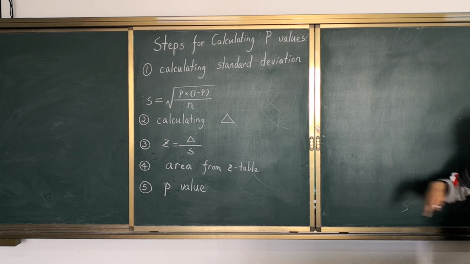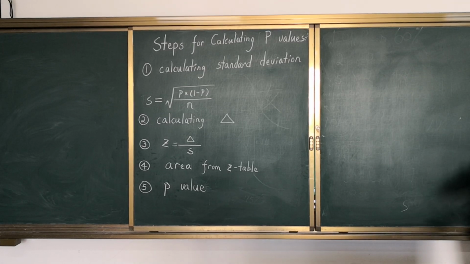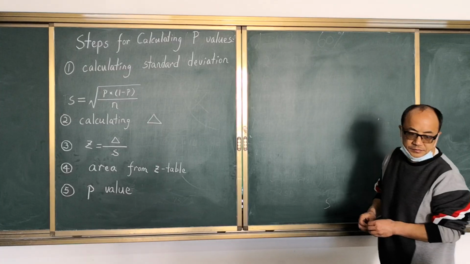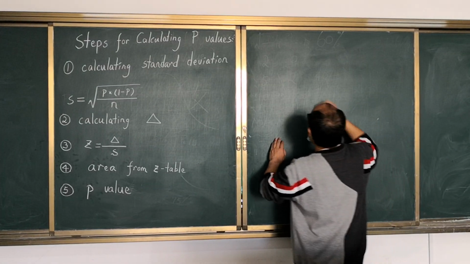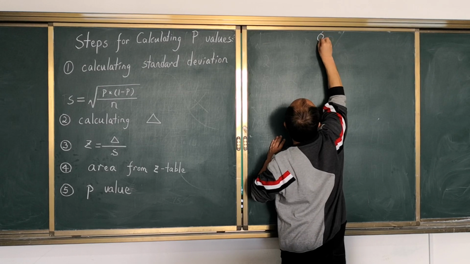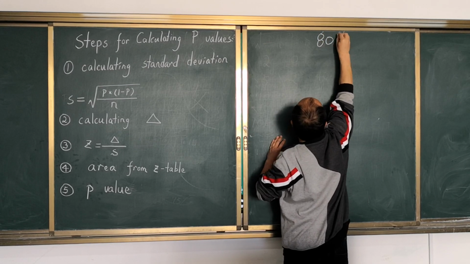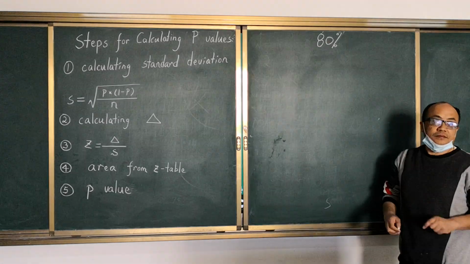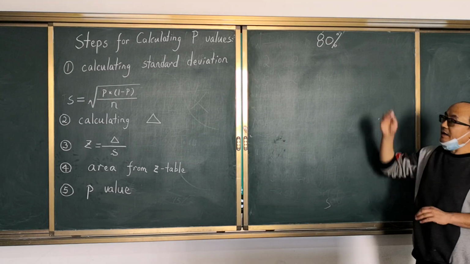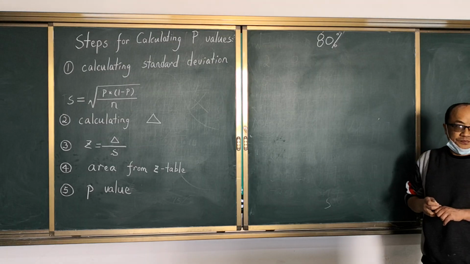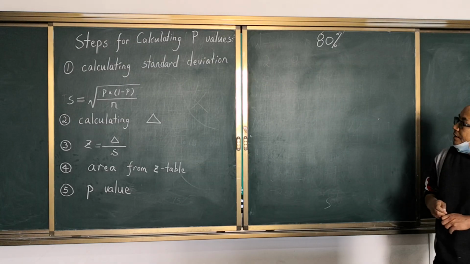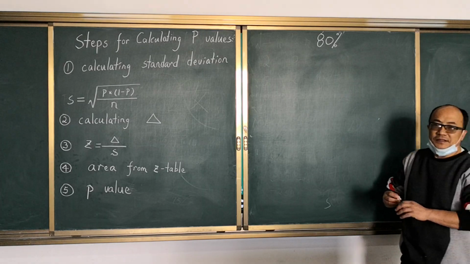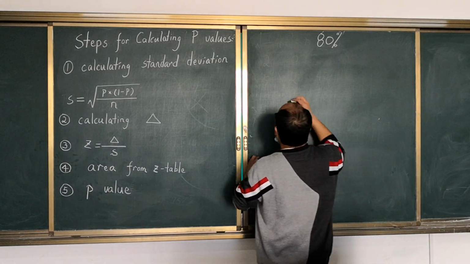I follow these steps, do one example. This time, let's say this person claims he's an 80% shooter. He says, I'm an 80% shooter. Then you said, show me.